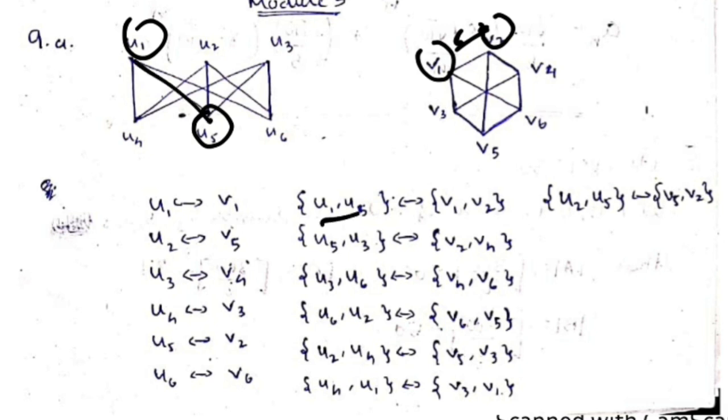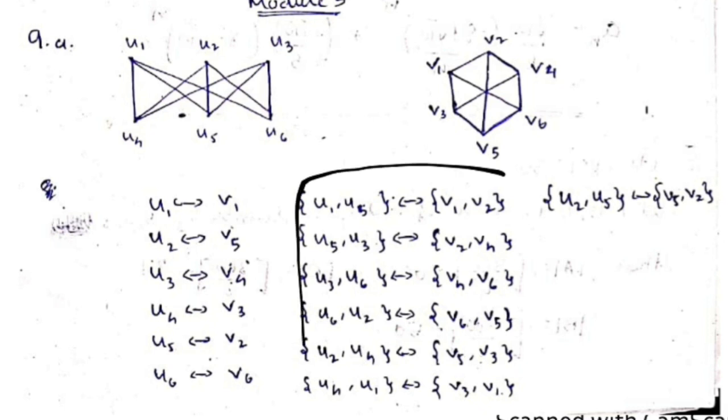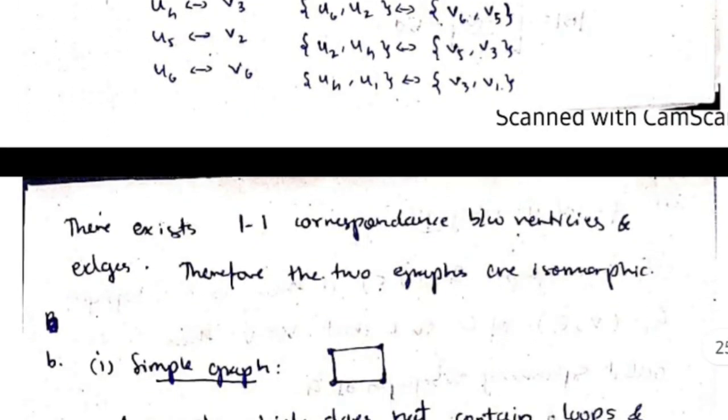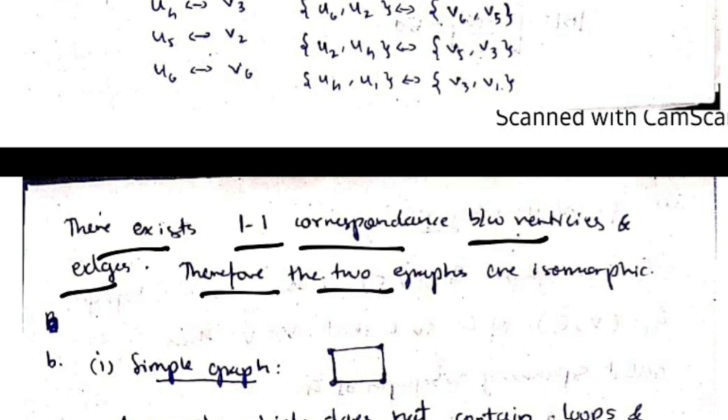So we will write here u1 comma u5 is correspondent with v1 comma v2. Okay, this edge and this edge. Similarly we will write for all other edges also, and then if all the edges satisfy the condition and the vertices also satisfy the condition of correspondence, then we can write there exists one-to-one correspondence between vertices and edges, therefore the two graphs are isomorphic.